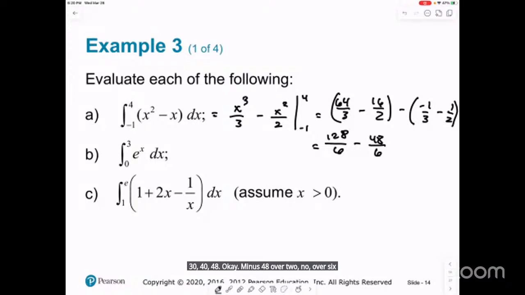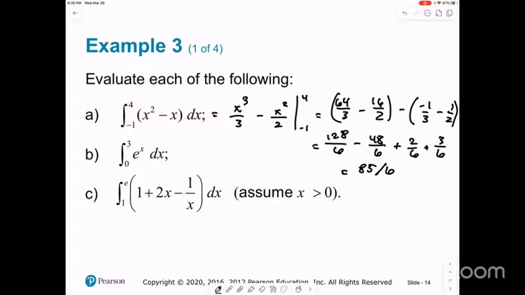Double negative is positive. 2 over 6. Double negative is positive. 3 over 6. All right, you can use your calculator. You don't have to do all this. Let's see. 80 plus 5 is 85 over 6. We can leave it like that, to be honest.